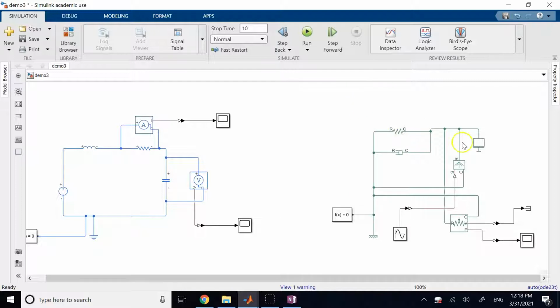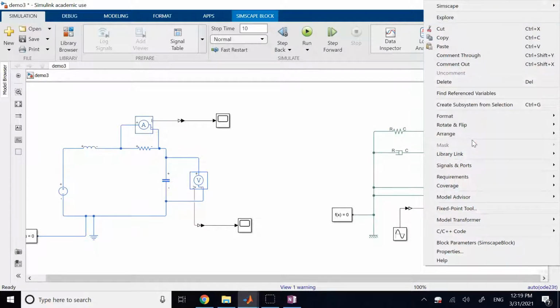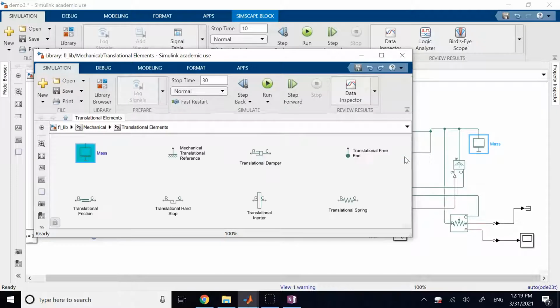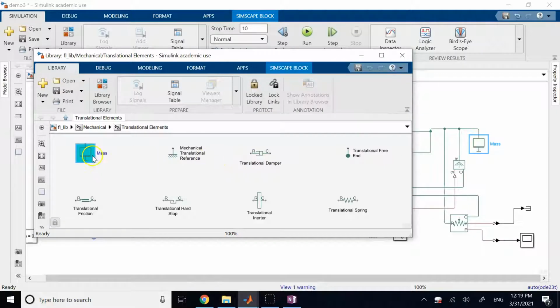Okay, as I said, they're all under Simscape. If you don't know, you just right click here and try to what? Go to Simscape here, and you can see source code, you can get help about it and everything. You can look at block parameters, how it is written in C++, right? You can find the library link. So here, if you click on this, then it shows you where they are.